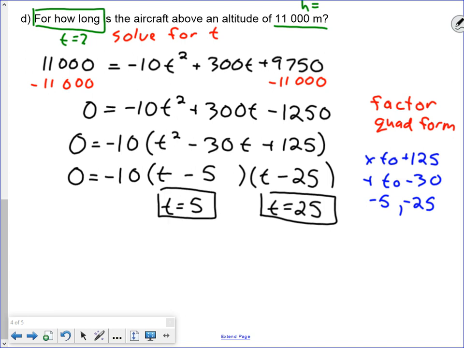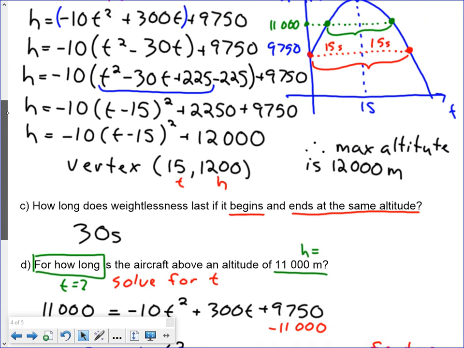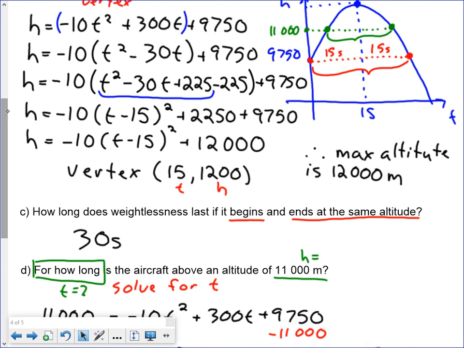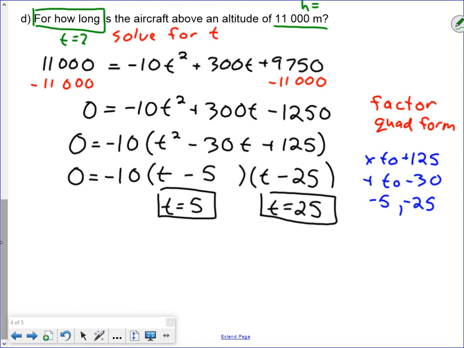So does this make sense with the graph that we constructed up above? Remember, we're looking for these 2 points here and here, right? 5 and 25. That certainly looks reasonable. So that entire distance, where it's above 11,000 meters, is going to be the time from t equals 5 to t equals 25.